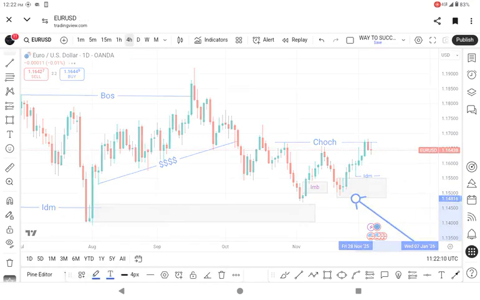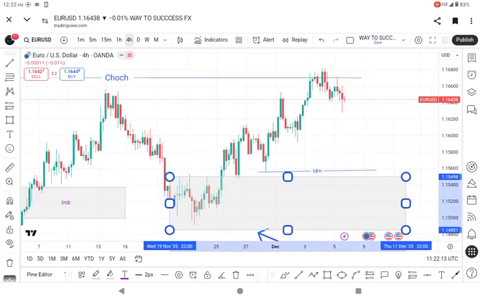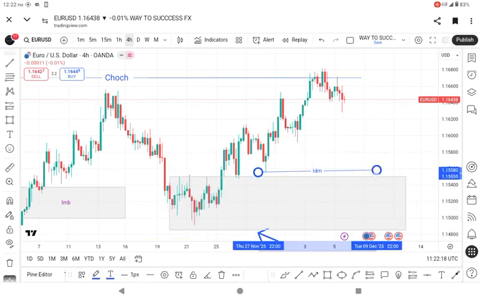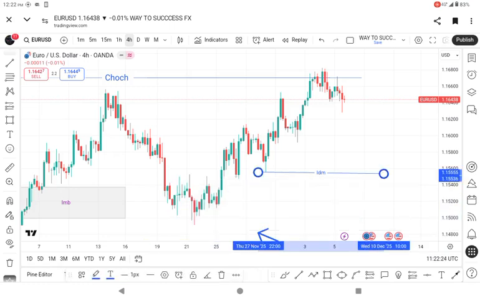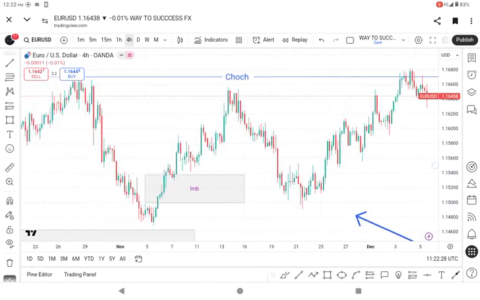So let's check the H4 to see what we have. So this is my daily order flow, and this is my daily inducement. If I remove this now to make our chart cleaner, what do I have in H4?